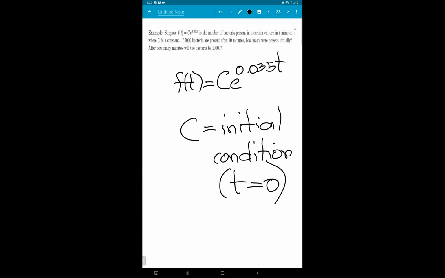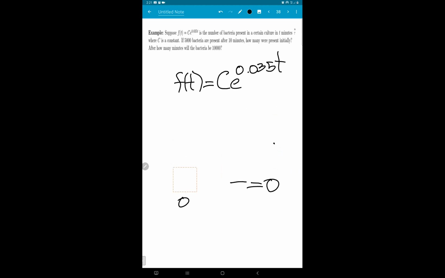If this were a substance, this would be the weight or the mass or the volume of the substance at the beginning, time 0, t equals 0. But we are not given the initial condition, but sometimes it will be. So if it's said there, say, 2,000 bacteria are present initially, actually all you have to do is write that as 2,000.